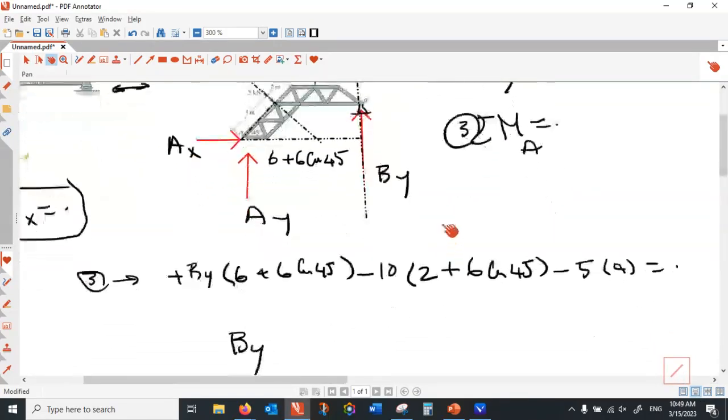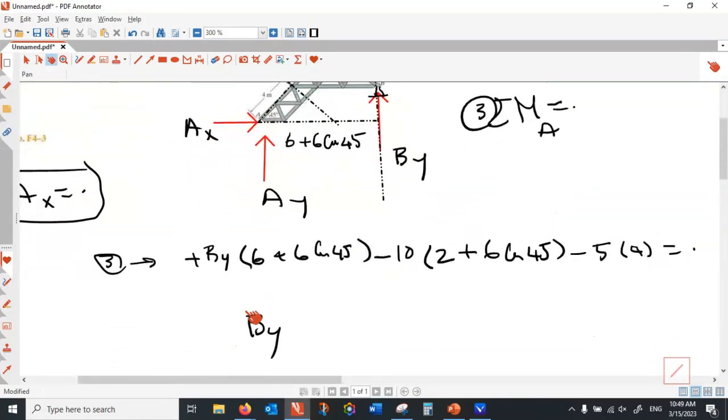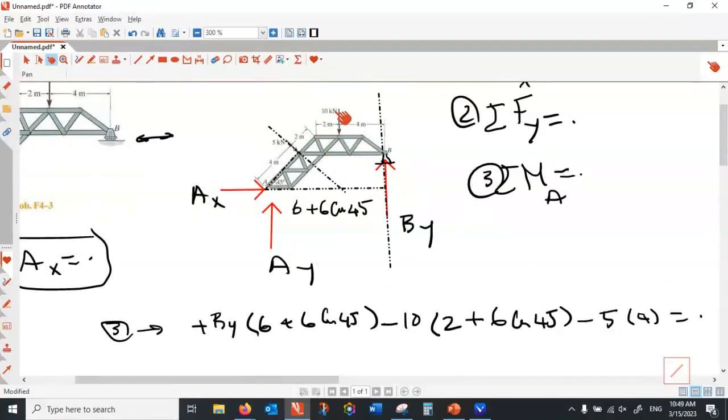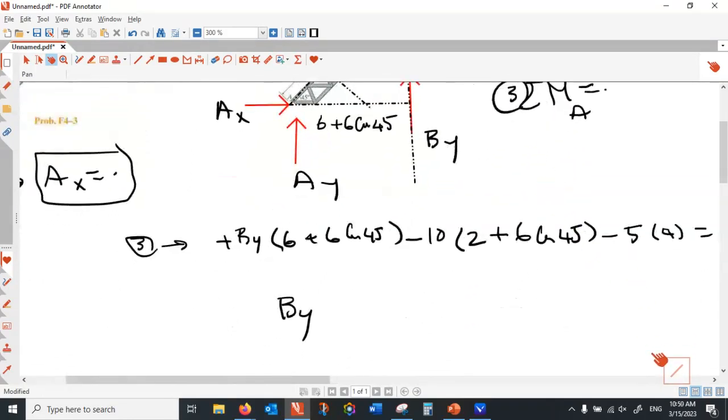All right. So here you find By, and once you have By, then By take away from 10, take away 5 cos 45, that is equal to Ay. All right. So I write you the expression for the second equation. I assume that you have calculated By, so this is not unknown anymore.